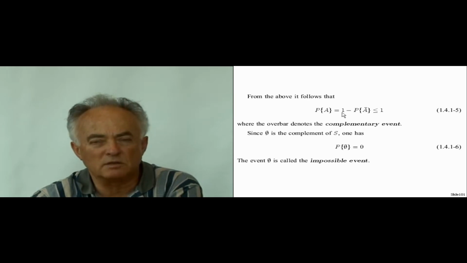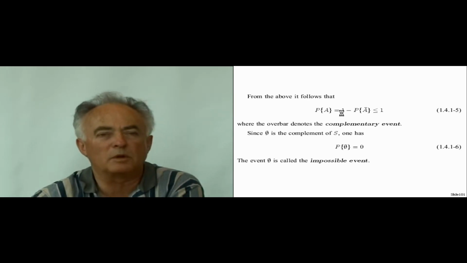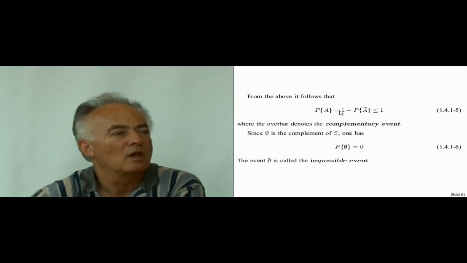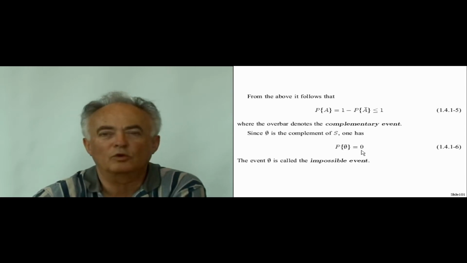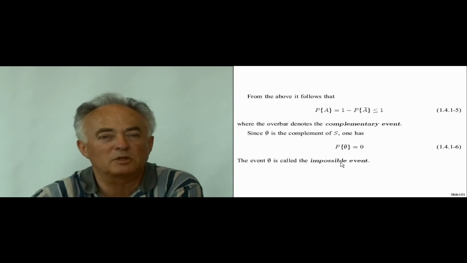A and A bar, being one the complement of the other, obviously have empty intersection. Now, the empty set is the complement of S. Clearly, the probability of the empty set occurring is 0, and that's why it is also called the impossible event. Why? Because whenever you run an experiment, something happens. The nothing never happens.